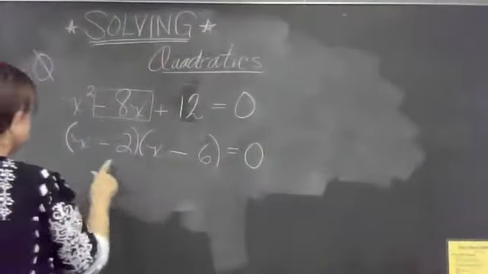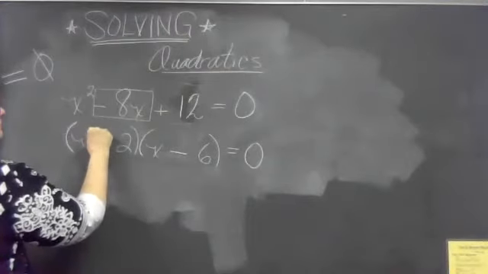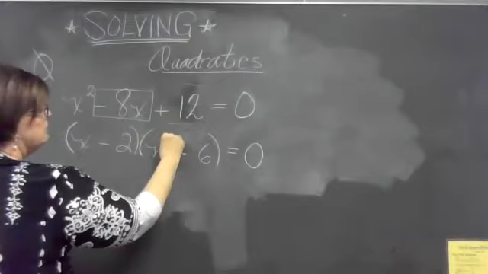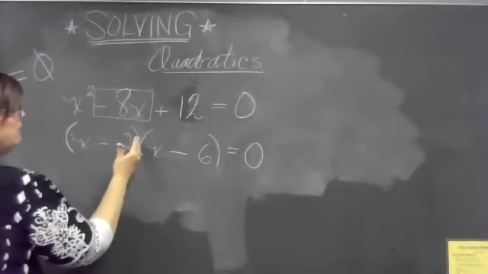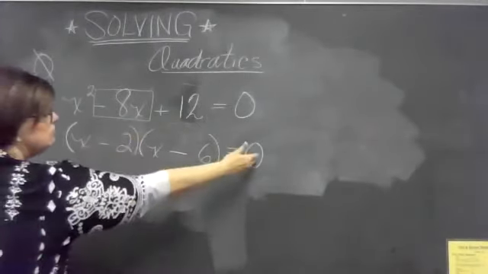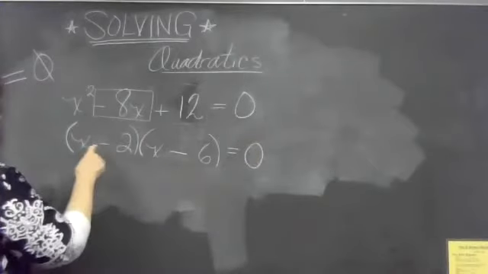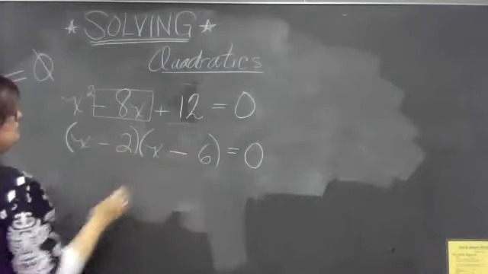Let's pretend that this is one of the mystery numbers, and this is one of the mystery numbers. Now, we said if these mystery numbers are multiplied together, they will get 0. So what you just told me is one of them has to be 0 and both of them could be 0.